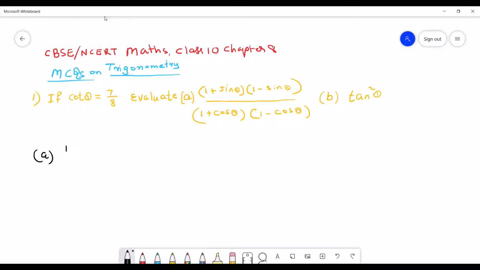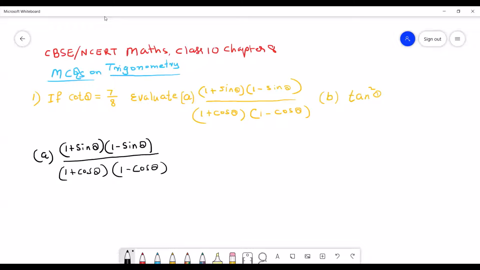A is given as (1 plus sine theta) into (1 minus sine theta) upon (1 plus cos theta) into (1 minus cos theta). We know the algebraic identity (A plus B) into (A minus B) is equal to A square minus B square.